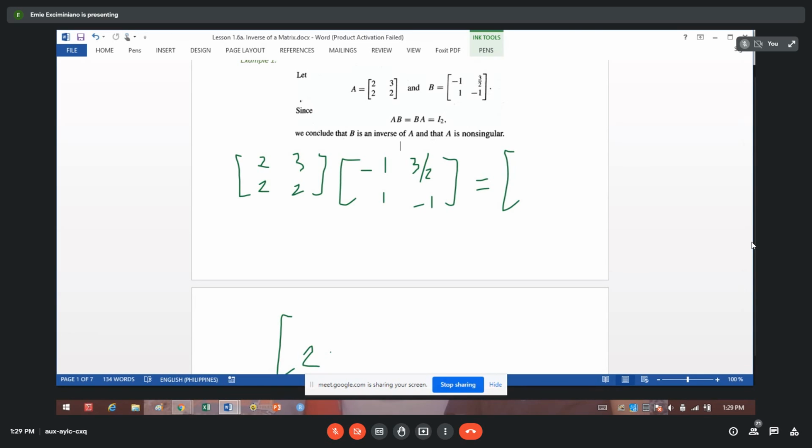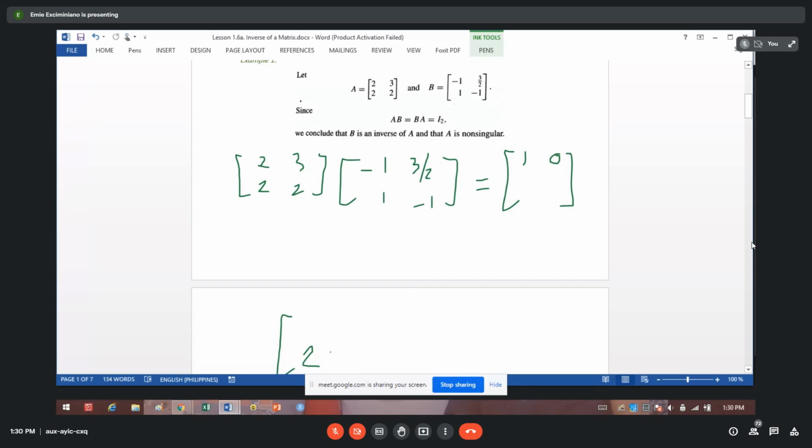What does it give you? 2 times negative 1 plus 3 times 1, it is 1. For the second entry in the first row, 2 times 3 halves is 3 plus 3 times negative 1 is negative 3. So, that is 0. Okay. And there's 1.